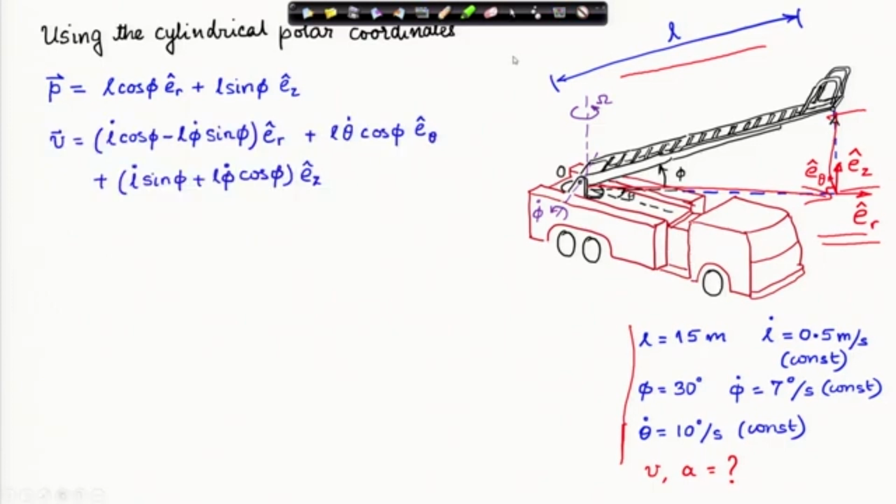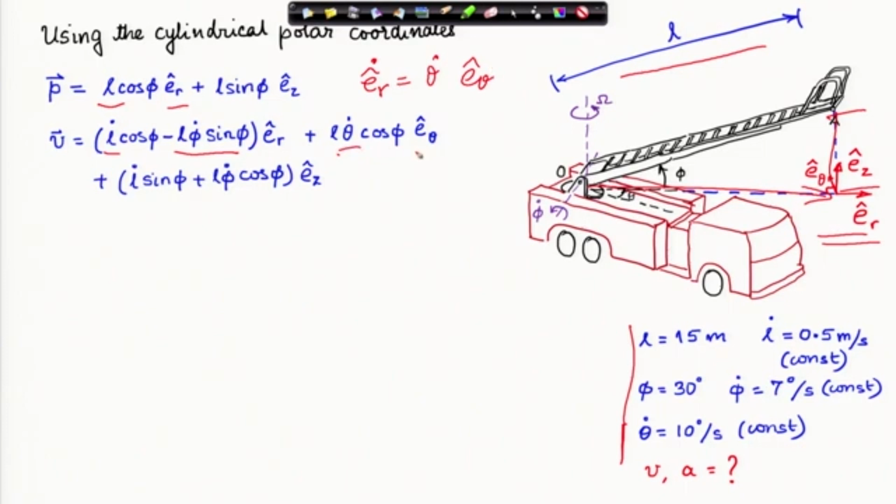Now, the velocity vector is obtained by differentiating this. I know the rules of differentiation, so I differentiate and this is what we have. L changes, therefore L has a derivative, and phi changes, so phi has a derivative, so minus L phi dot sin phi e_r. Then e_r has a derivative, so L cos phi times e_r dot, and remember e_r dot is theta dot e_theta.